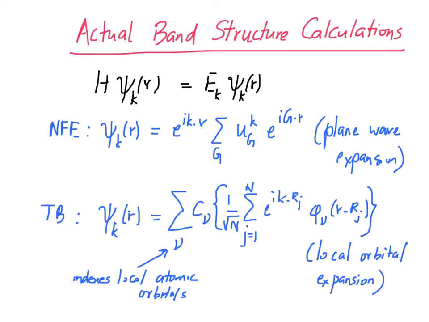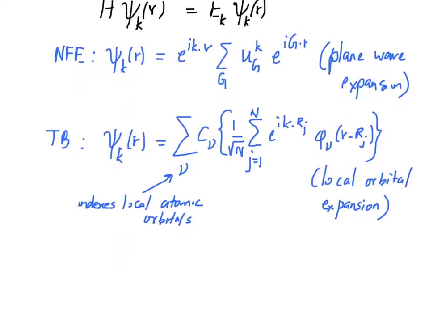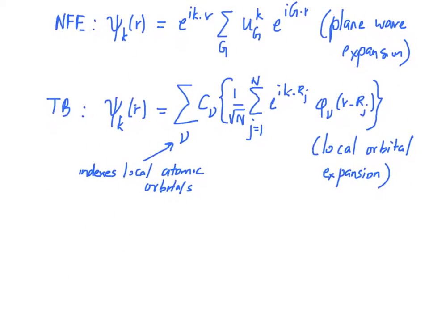Okay, so now let us bear this in mind, and let's write down the Hamiltonian itself, which should be very familiar to us by now. So we have our Hamiltonian, which has a kinetic energy operator and a potential energy V of r.